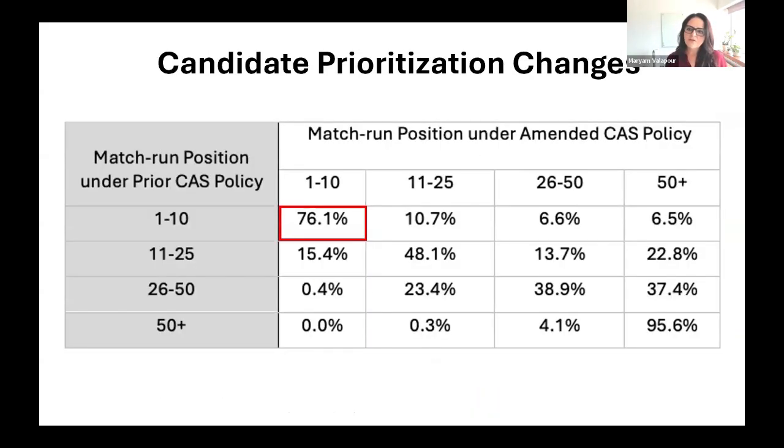These observations that I've shared with you are not merely theoretical, they translate into changes in candidate prioritization. This table compares candidate rankings under the prior and the amended policy.